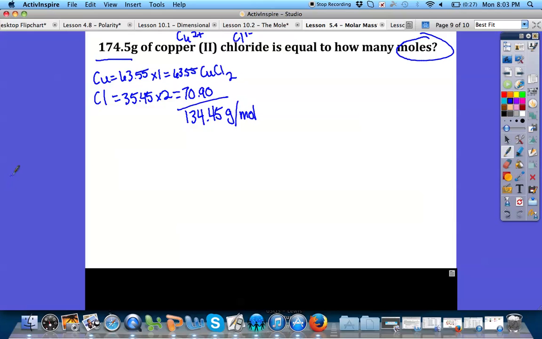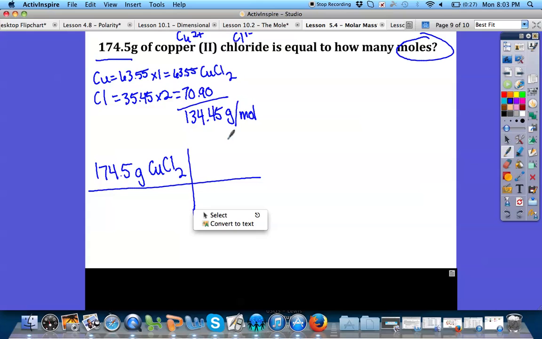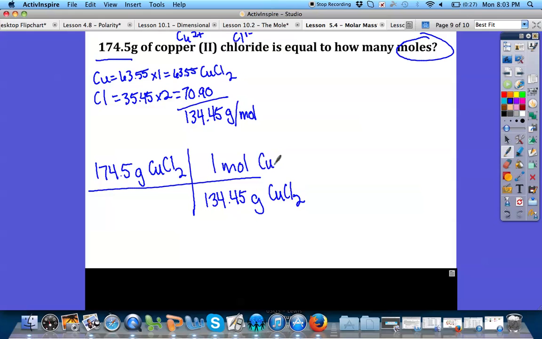Okay, so we're going to start with the mass that we're given, 174.5 grams of CuCl2. And then we're going to take our 134.45 grams of copper chloride, which are going to cancel.